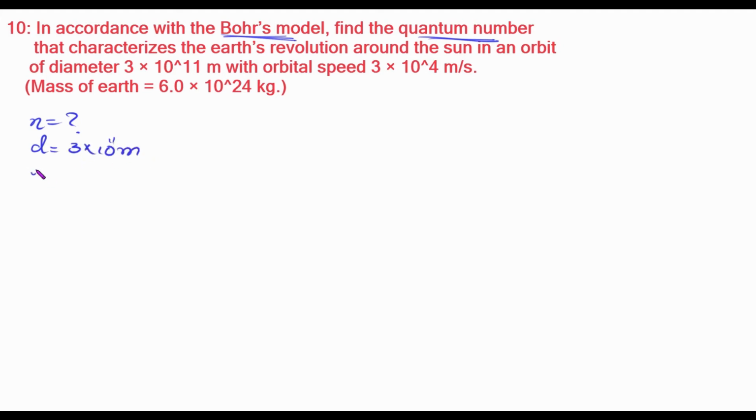We need radius. So r is equal to 1.5 into 10 to the power of 11 meter, and the mass is also given, which is 6 into 10 to the power of 24 kg. So with this data you have to calculate the value of n, which means the quantum number.